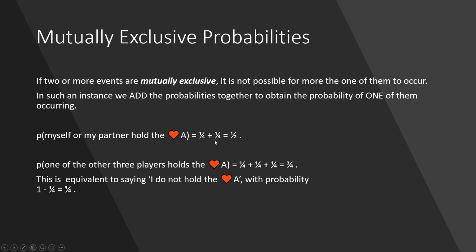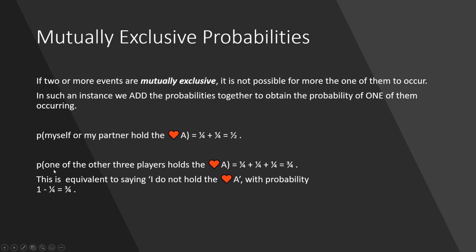So what I'm saying is there's no overlap. My partner and I cannot both hold the ace of hearts. Therefore, I can just add my own probability and my partner's probability together and not worry about any overlap between the two.